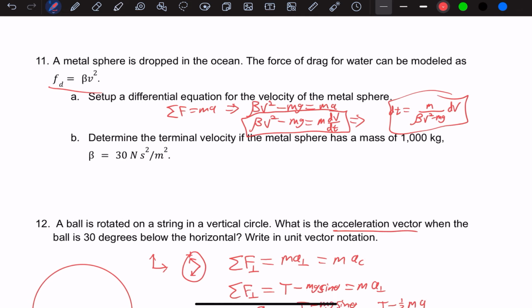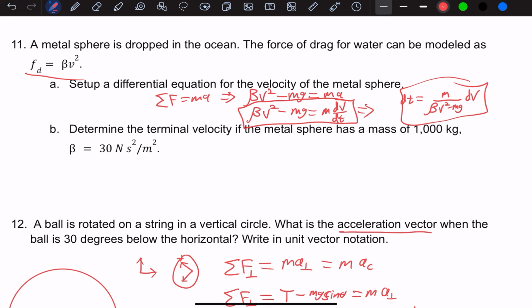All right. But now, determine the terminal velocity if the metal sphere has a mass of 1,000 kilograms and the beta coefficient is whatever that is. When you're dealing with terminal velocity, the acceleration must equal 0, which means the sum of all forces equals 0, which then means that we have beta v squared equals mg.